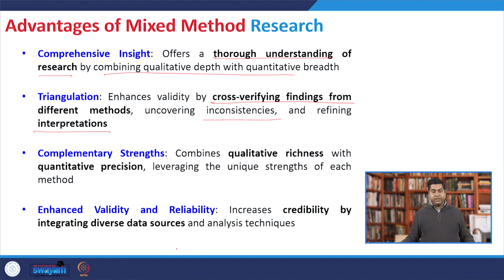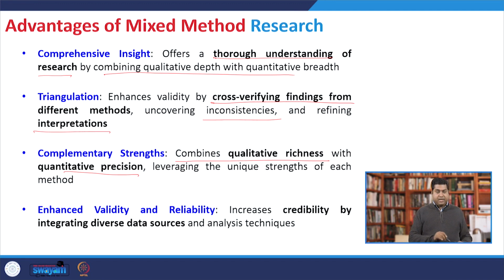Complementary strength, which we have already discussed, combines the qualitative richness with the quantitative precision. So, when you apply the qualitative method in a proper way, the quality of your data is very rich, you can capture those kinds of behavior and complex phenomena, which sometimes is difficult through quantitative techniques or methods.